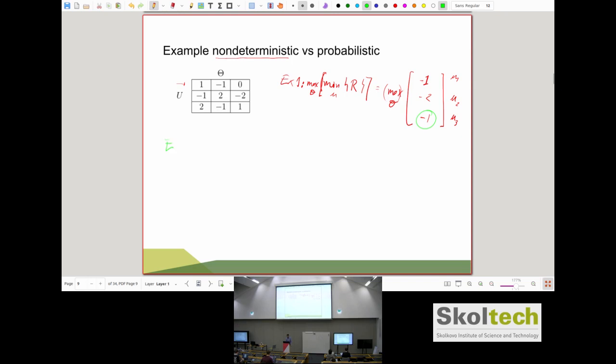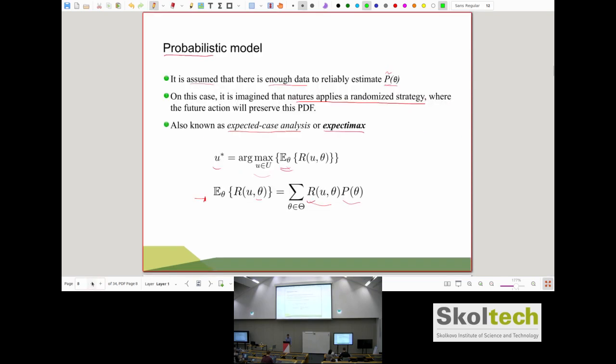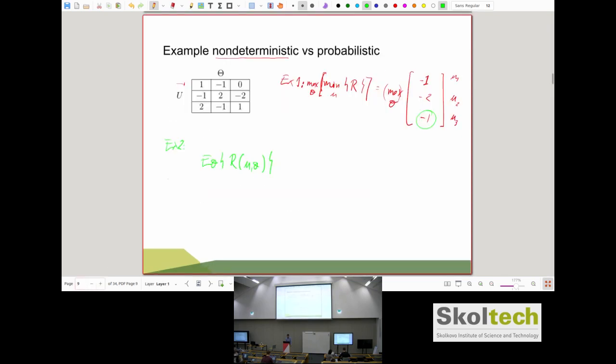The second one is more interesting, the probabilistic case. In this case, we need to calculate the expectation of this reward that depends on u and depends on theta. And from this, we are going to find the max.